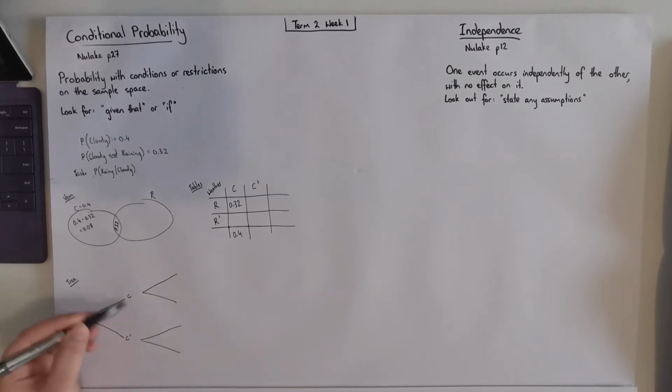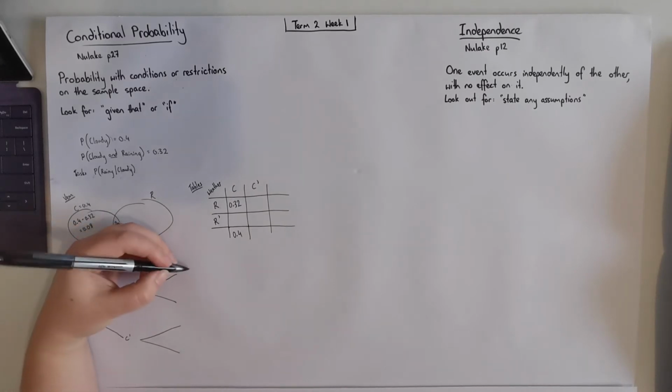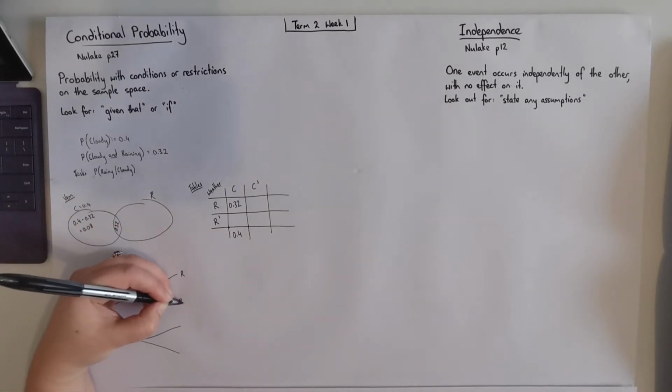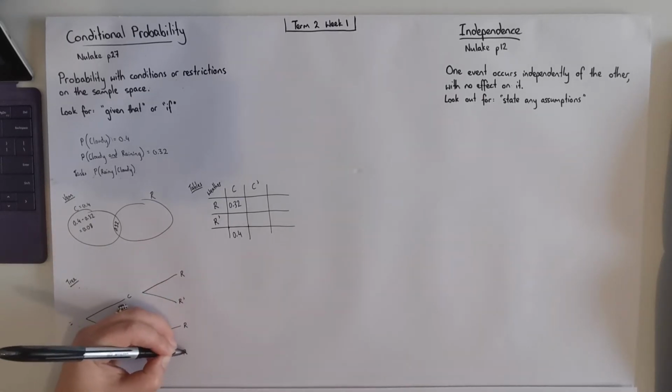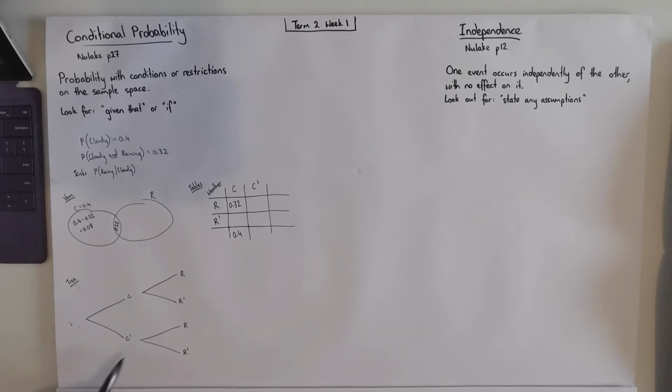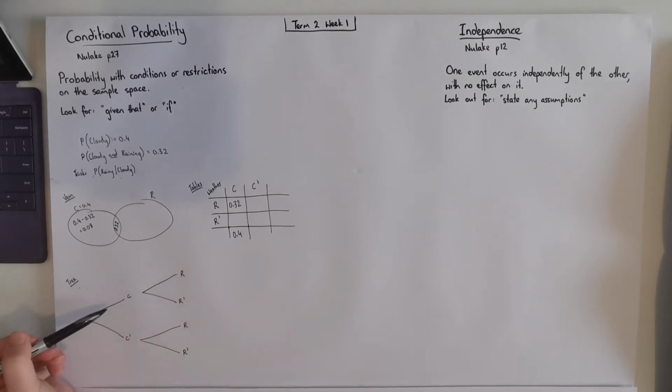So that was my first stem here, just a natural reaction and how I might lay out my tree diagram. You can see again this notation of complement. Cloudy, not cloudy. Raining, not raining if it's cloudy. Raining, not raining if it's not cloudy.